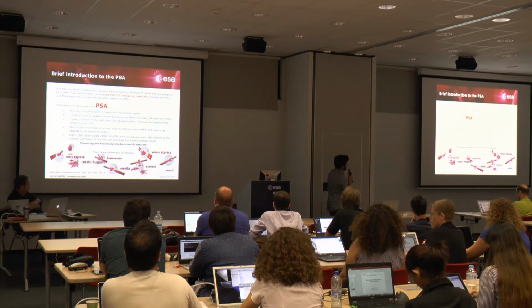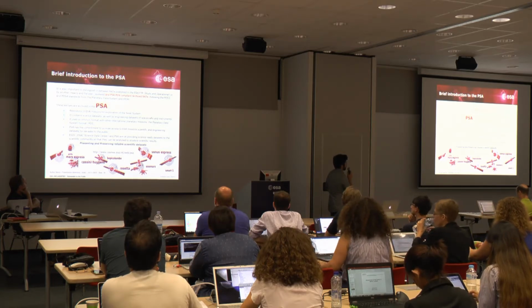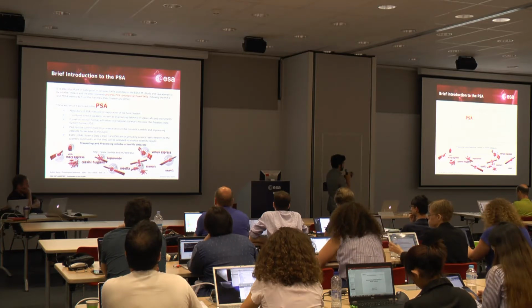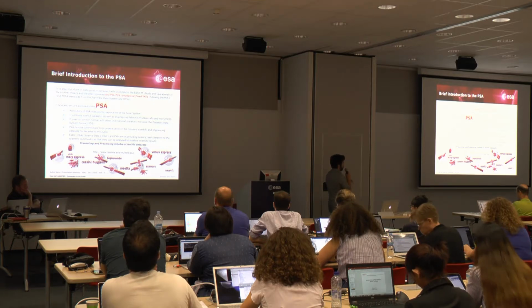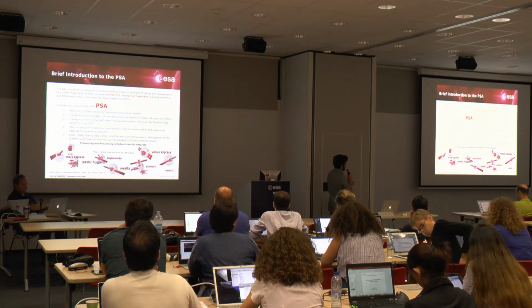So the idea is that the Planetary Science Archive is a repository of ESA missions for the exploration of the solar system, and it contains science datasets as well as engineering datasets for the spacecraft and instruments that are hosted by the PSA.